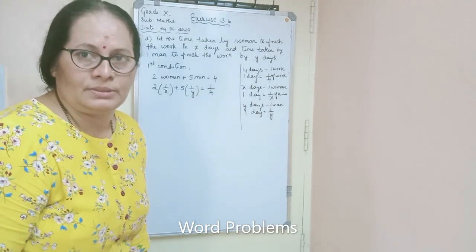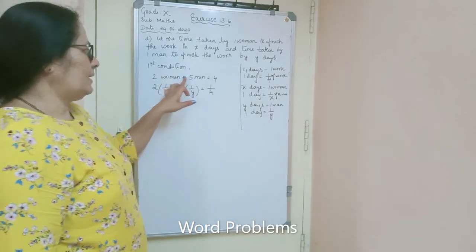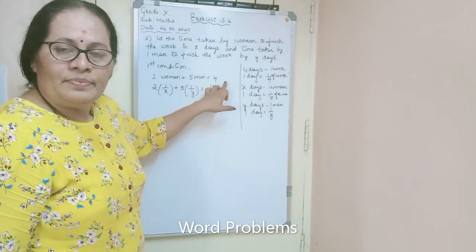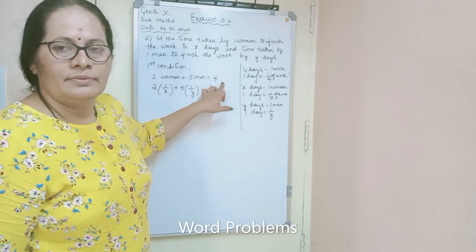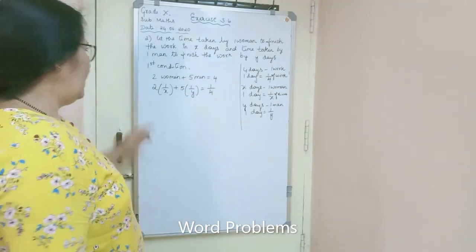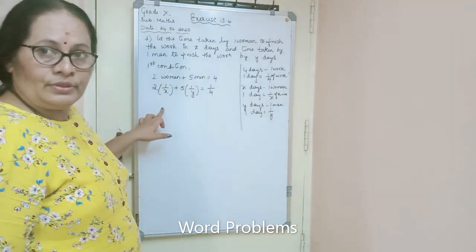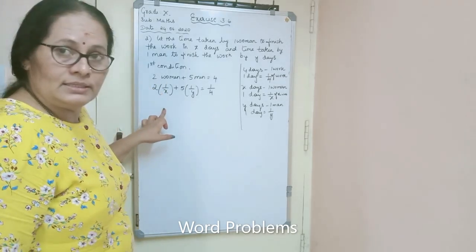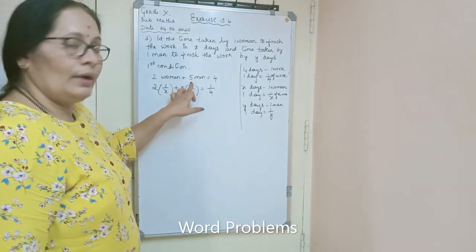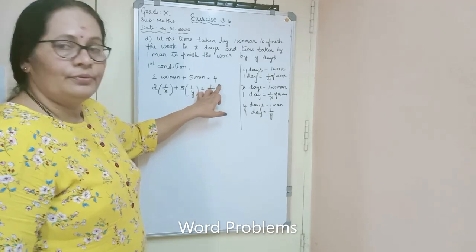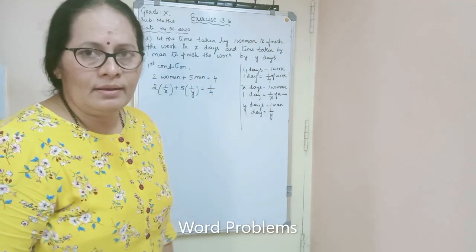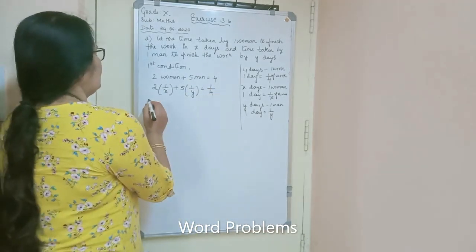So 2 women and 5 men complete the work in 4 days. That means in one day, 2 times 1 by x plus 5 times 1 by y equals 1/4 of the work they will finish. This is the first condition.